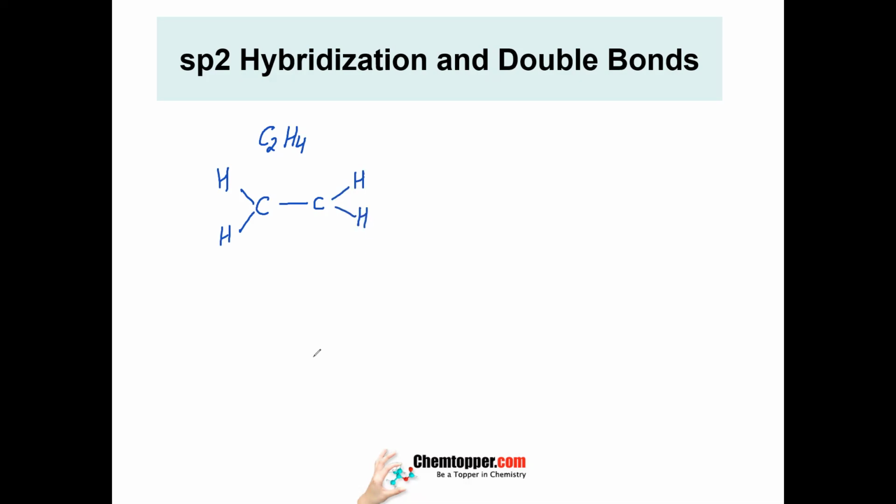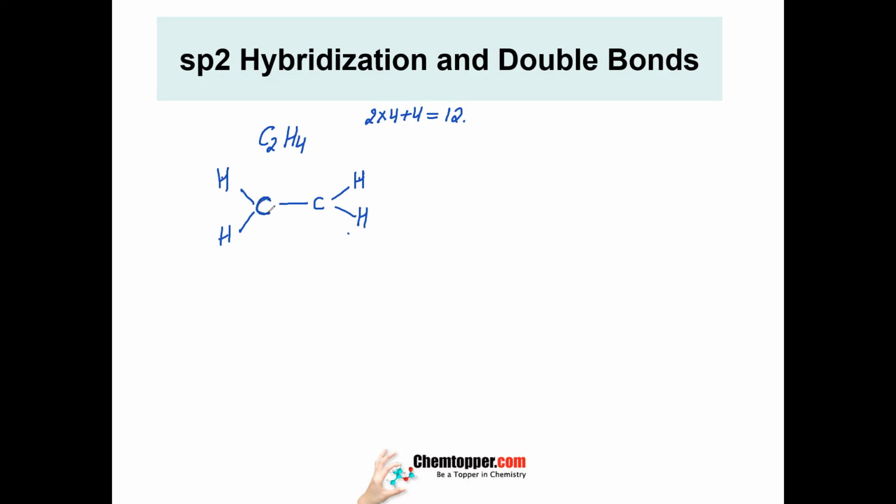Skeleton. Now, how many total valence electrons? 12. Two carbons, 2 times 4, plus 4. 12. Hydrogens are already done. They can make only one bond.